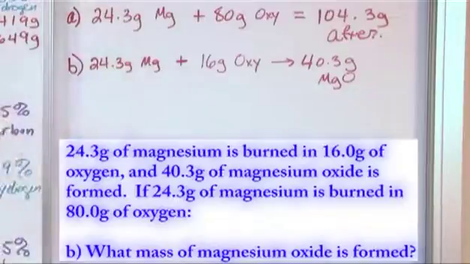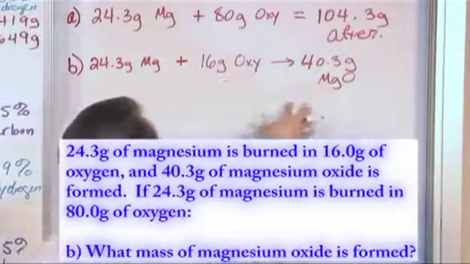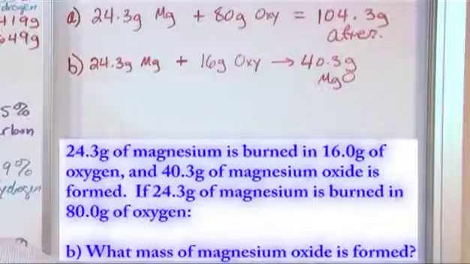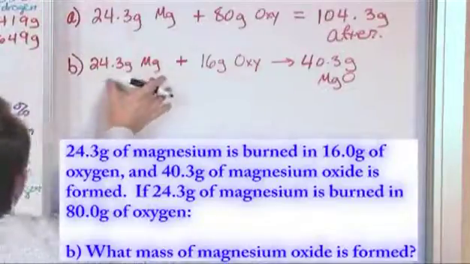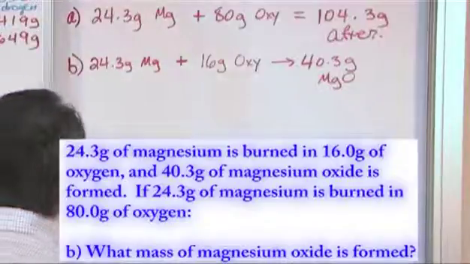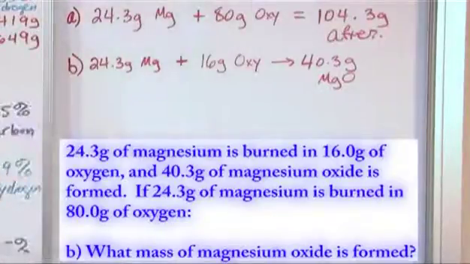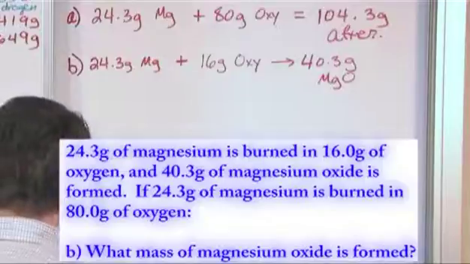Okay? So we know that this is reacting, giving us the magnesium oxide. All right, so what can we do? We can find the ratio of oxygen combining with magnesium. And that's going to help us predict, to do it a little more mathematically, how much is going to be produced in this case as well.